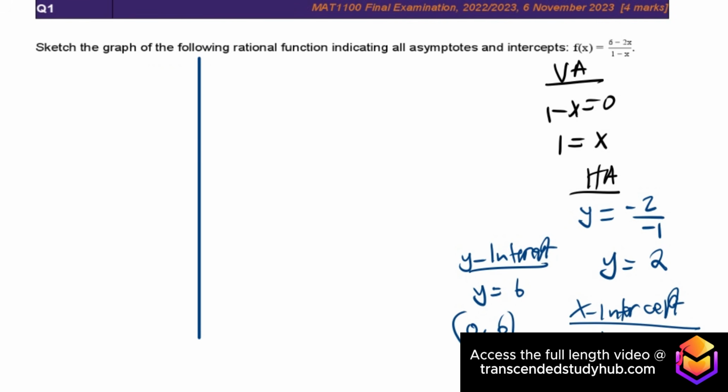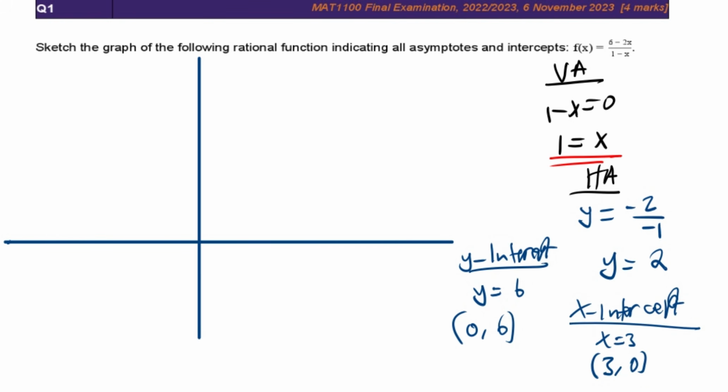We can sketch the graph. First you need to look at the asymptote. x is equal to 1. I'll put it here and draw a dotted line crossing the asymptote. y should be equal to 2.